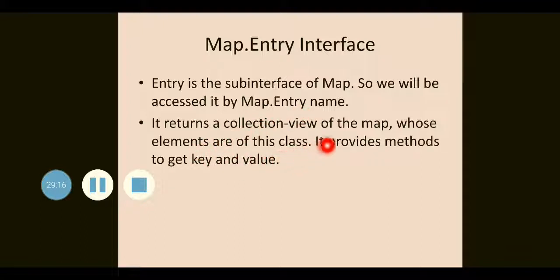It returns the collection view of the map, that is the elements of the particular class. It provides methods like getKey and getValue, so that it is possible to get the key and the value from the map.